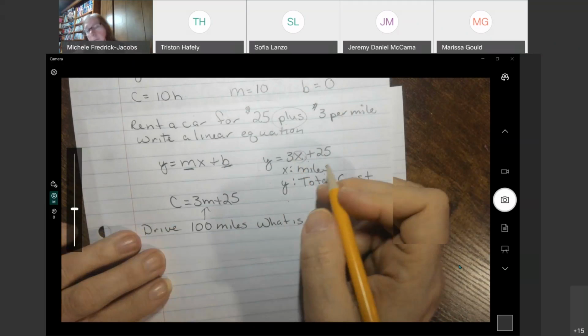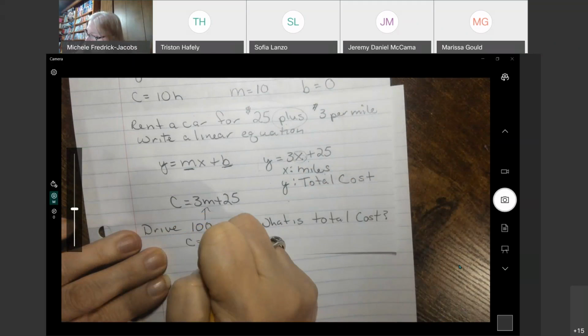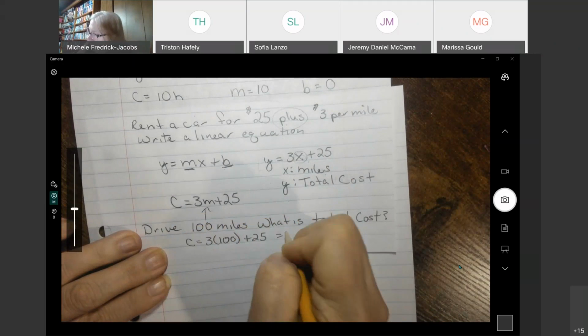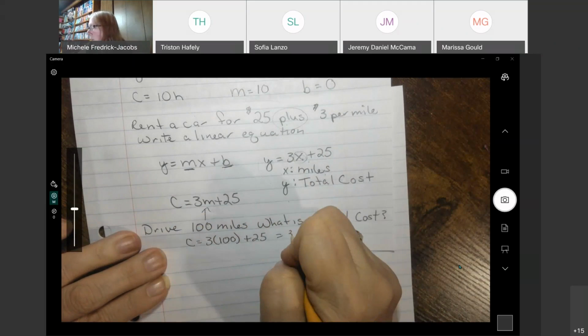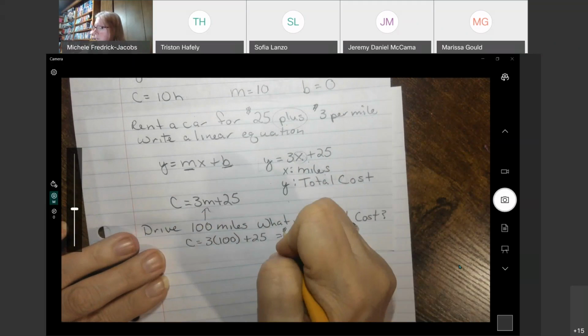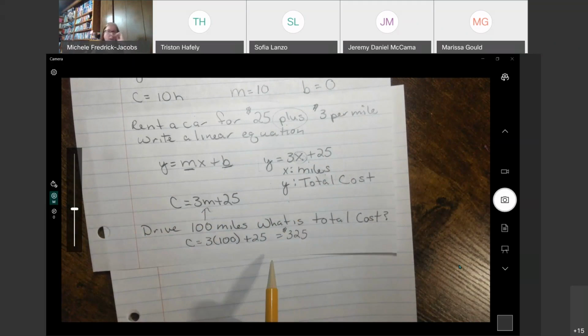So C equals 3 times 100 plus 25. Then we plug that into our calculator, although it's not too hard for that one in our head. It's $325. So to go 100 miles, it would cost you a total of $325. Okay, thank you.